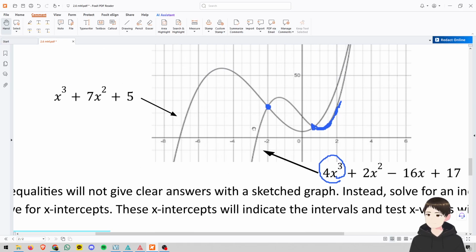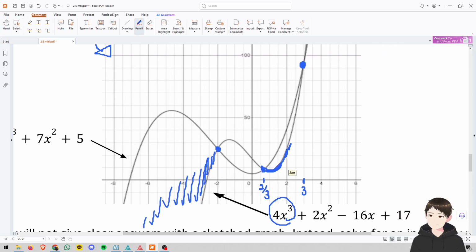Let's see. When the x value is negative 2 or lower, this curve is underneath the other. And when the curve is between 2 over 3 and 3, the curve is underneath the other. Perfect. So it gets exactly what we were thinking, or what we were seeing up here.